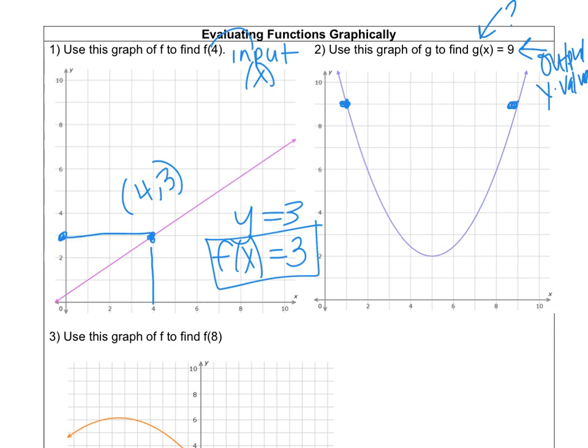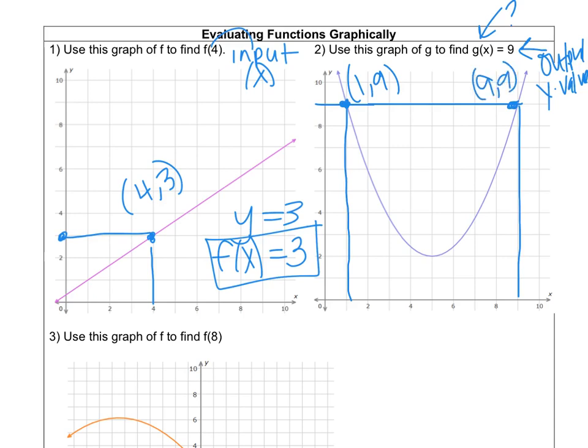And since this is a parabola, we actually have 2 x values at y equals 9. The first one, if I come down here, I can see that my x would be at 1. So this is at 1, 9. And then my other coordinate would be at 9, 9. So that means x would have to equal 1 and 9.